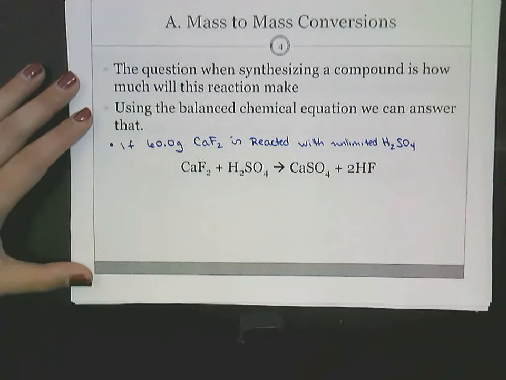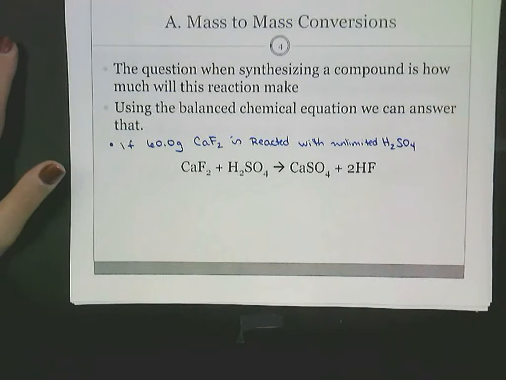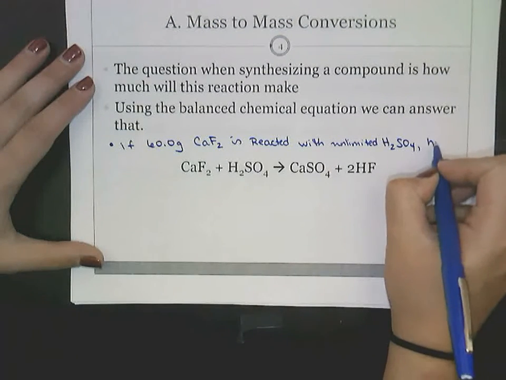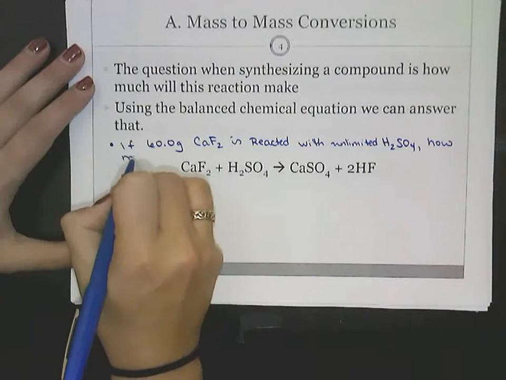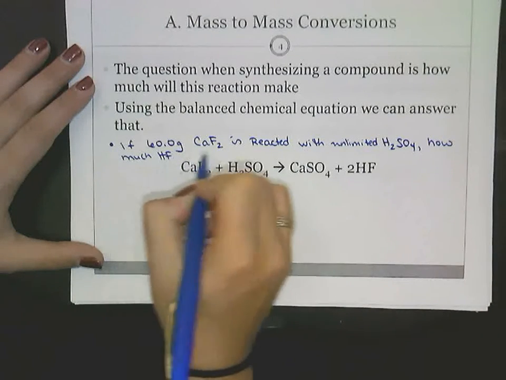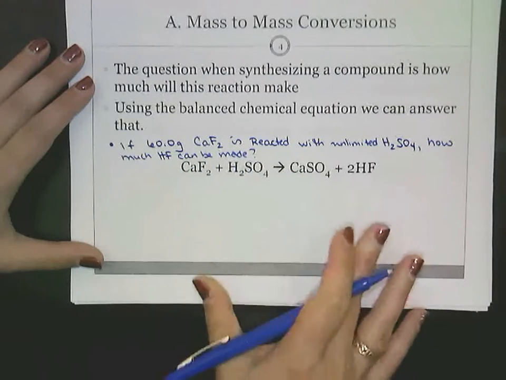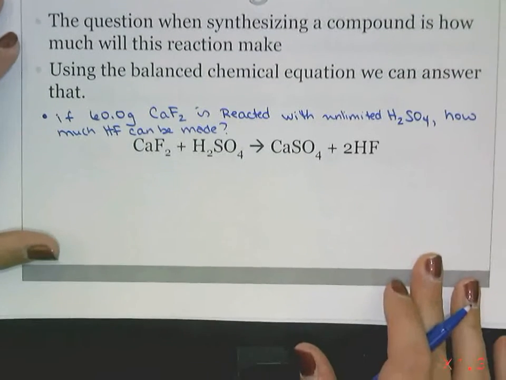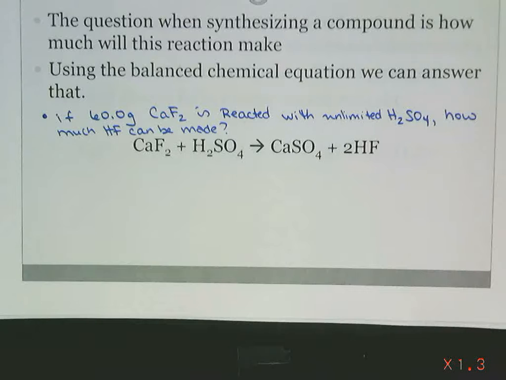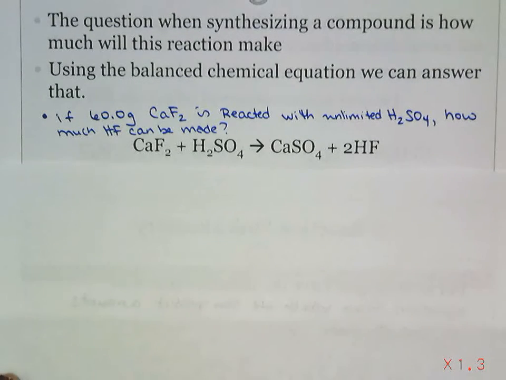If 60 grams of calcium fluoride is reacted with unlimited amounts of sulfuric acid, how much HF can be made? All right, these are going to be the 4 steps we need to work through.